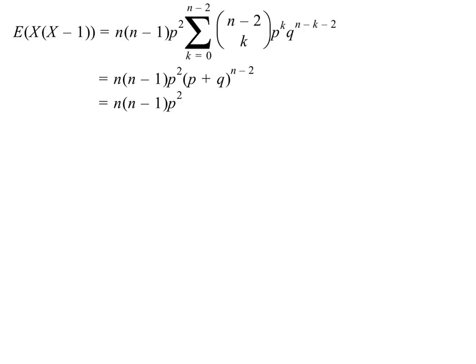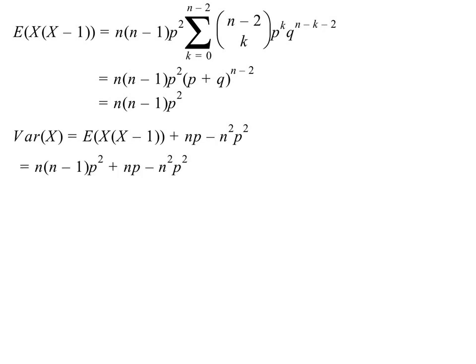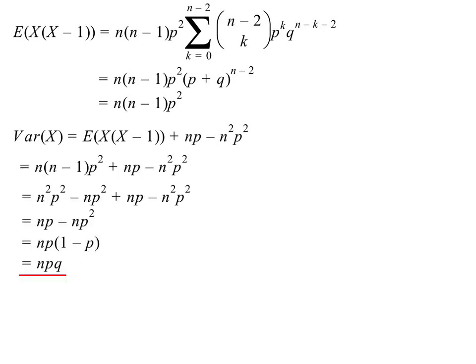Well hang on, that's just a row in the distribution table, p plus q is 1. I get n(n minus 1)p squared, but remember that was just expected value of x(x minus 1), so to work out variance I substitute that back in, and look what happens. Isn't it beautiful? We just end up with npq.